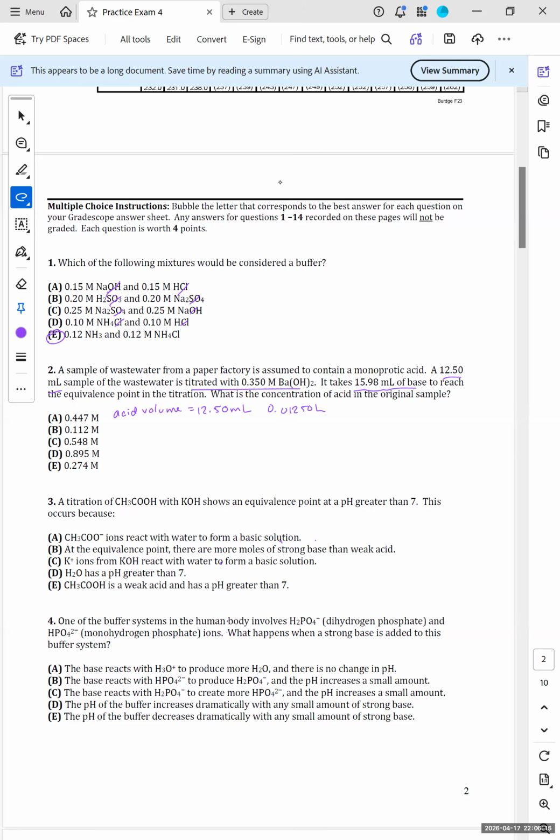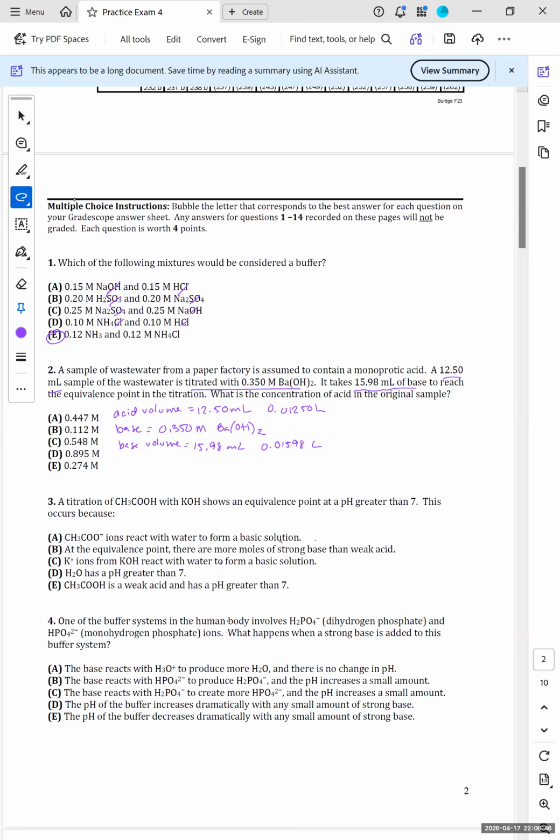I know my base, and then I'm given my base volume. Again, probably easier to just convert it right away to liters.